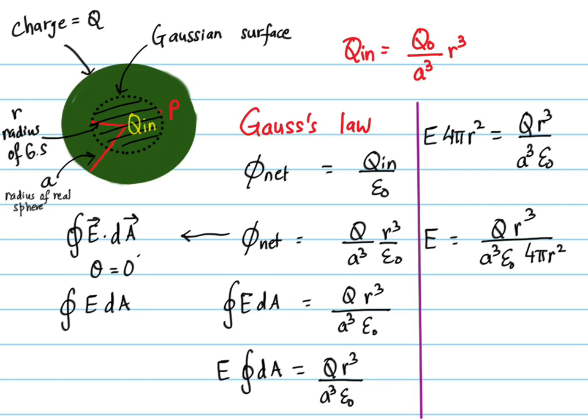We bring the 4 pi r square down and the r square will cancel with r square from the r cube, and we will be left with r on the top. So we can keep all the constants together: Q over 4 pi epsilon naught A cube times r. And then we can write 1 over 4 pi epsilon naught as k. So we get kQ over A cube times r. That's how we derive the formula for electric field using Gauss's law.